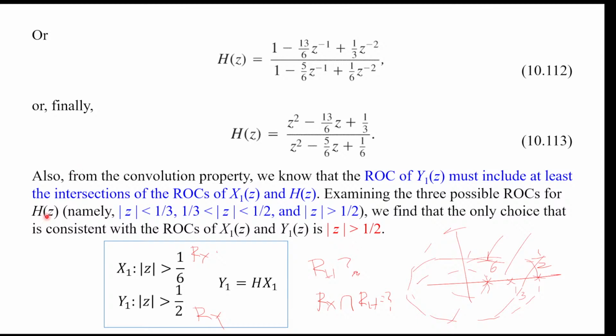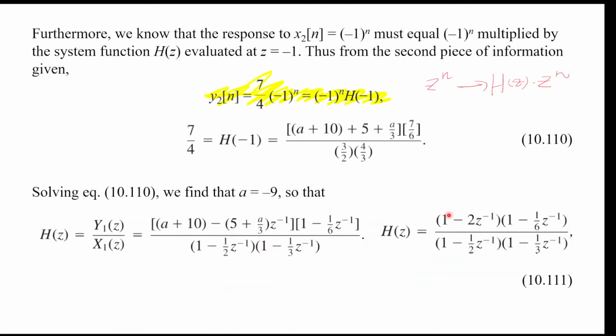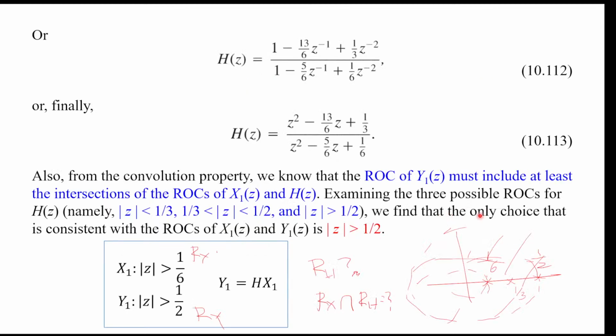And finally, now we want to determine the RC. The RC is a bit annoying, because it's a bit convoluted logic. Although we can probably guess that the RC is outside, because x1 and y1 RC are both outside, if we want to do it carefully, we need to analyze all the possibilities.